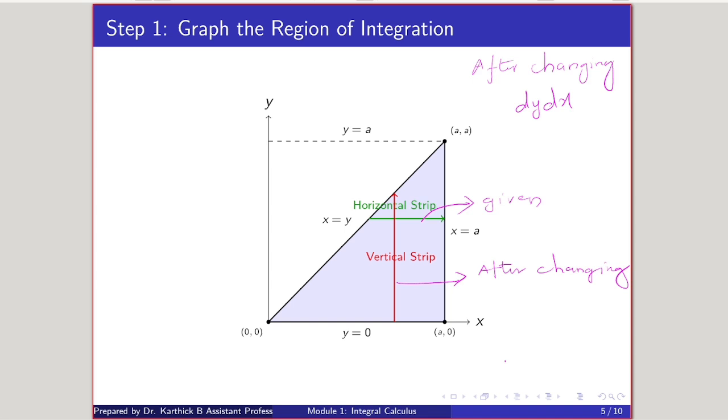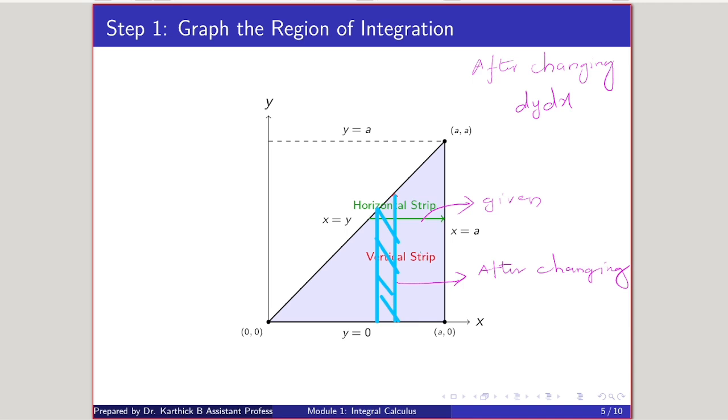So let's draw a strip. Let me take some other line. So this will be the final strip.